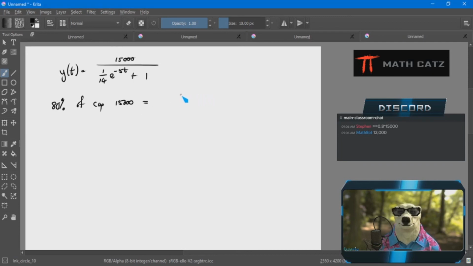And we have a target of 12,000. So that means we need to solve for t in the equation that we get when we set that equal to 12,000 for y. So we plug in everything, and t is what we are looking to solve.